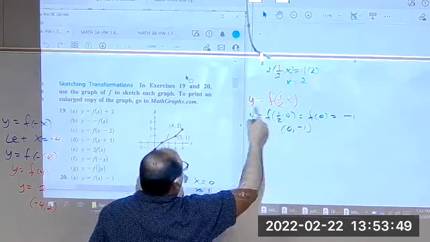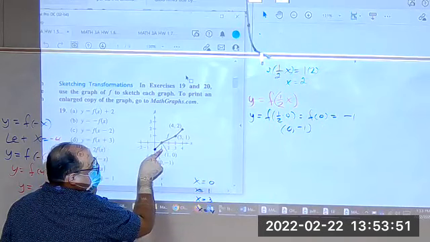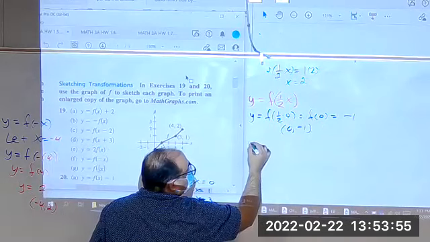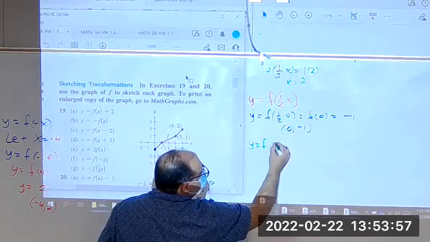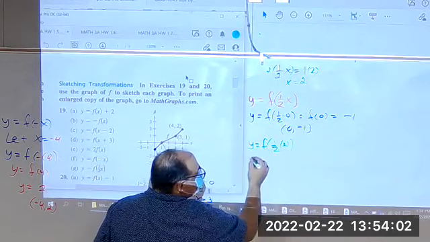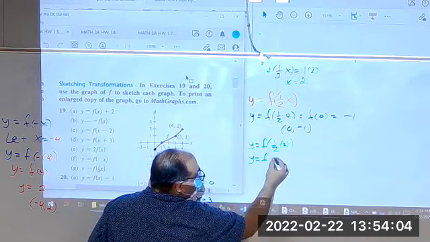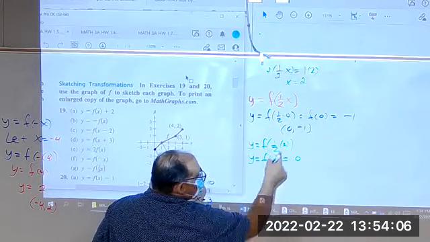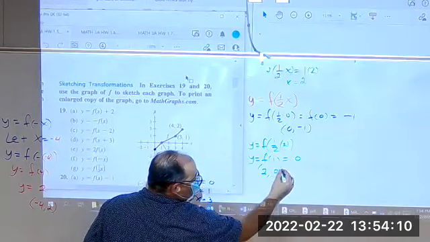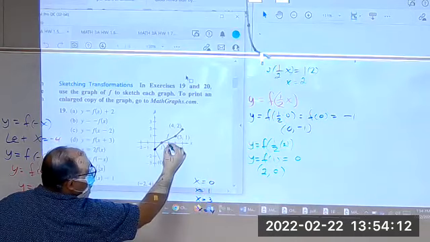So to get the next possible y value, I would actually have to plug in 2. So y is f of 1/2 times x, where x equals 2. So that's exactly like taking f of 1, which is 0. So when we plug in 2 for x, we get 0 for y, and it's right here.